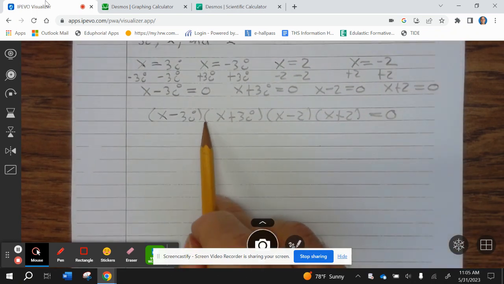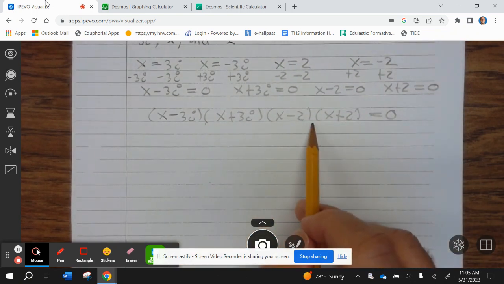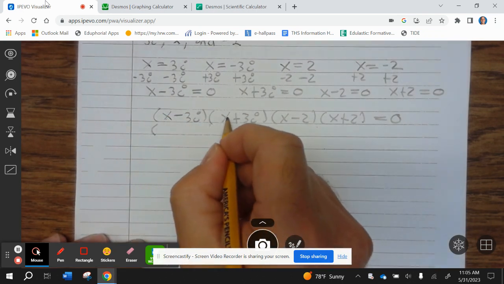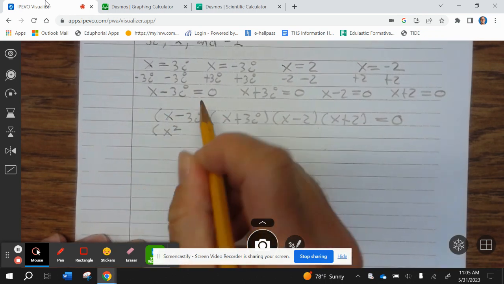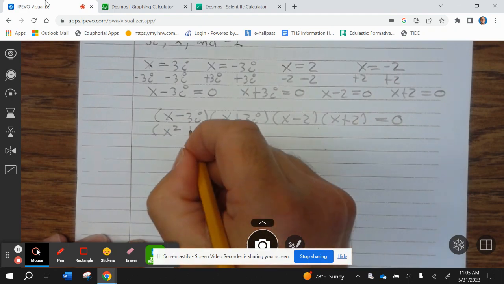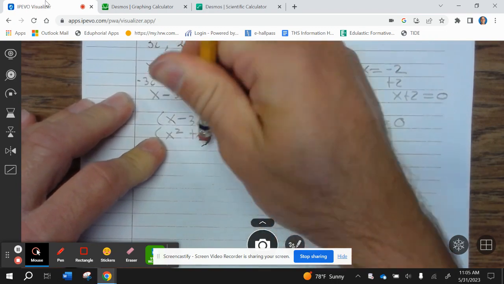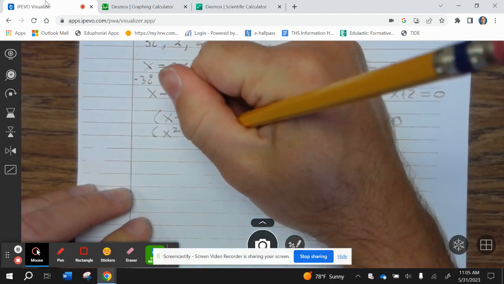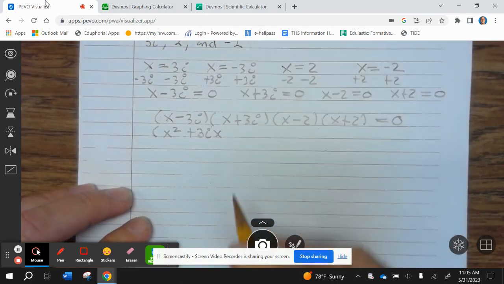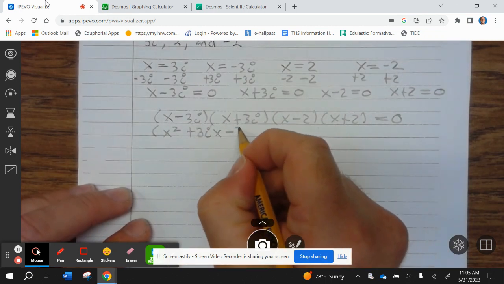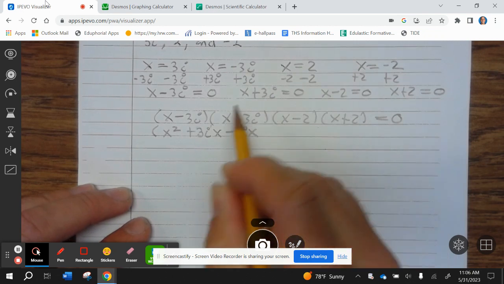Now, let's go ahead and FOIL these two and then FOIL these two first, okay? So, x times x is x squared. X times 3i is 3ix. Now, negative 3i times x is minus 3ix.